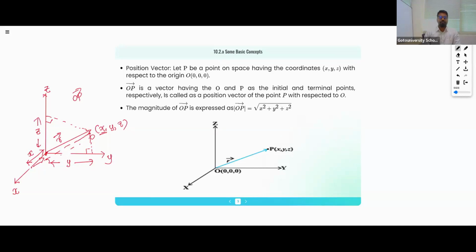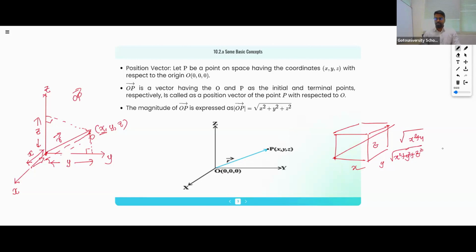Then to find the magnitude, suppose you take a three-dimensional cube of dimensions x, y, as well as z height. What is the diagonal length from this point to this corner? That is the square root of x square plus y square plus z square. That is length square plus what is it?